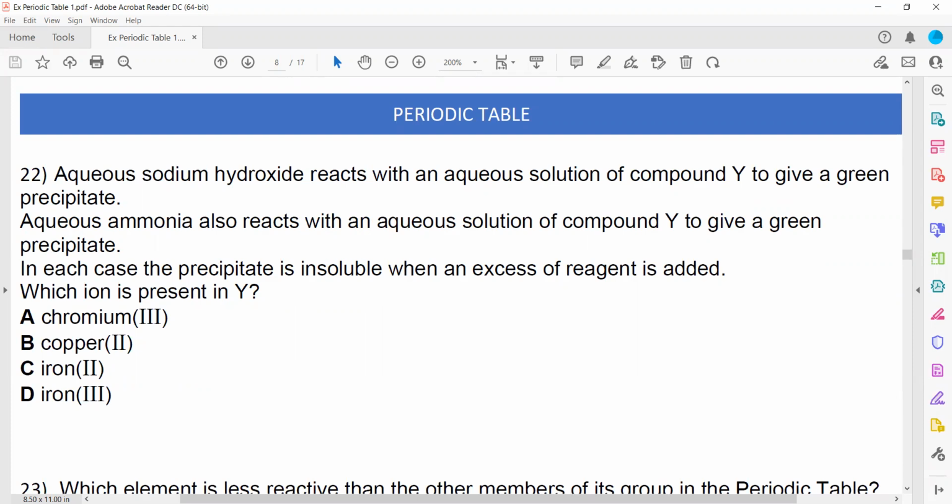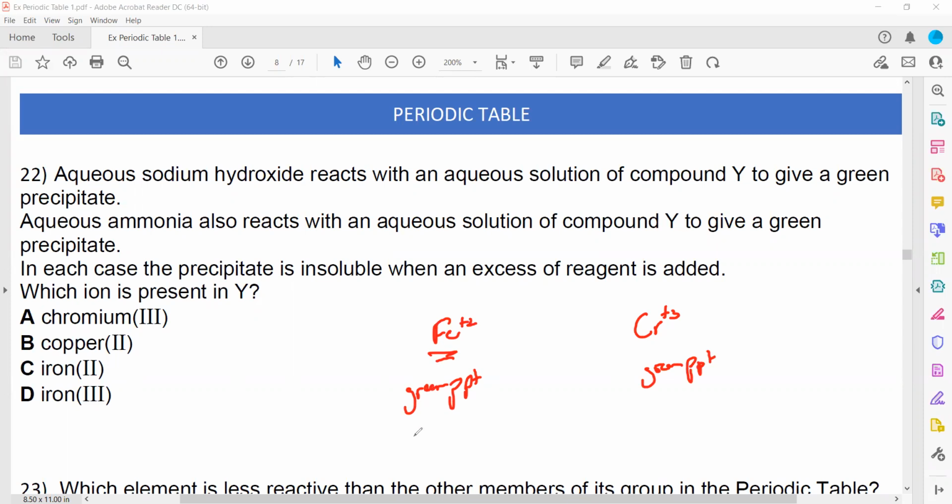One is due to chromium. Another one is due to iron 2. Iron 2 reacts with sodium hydroxide to give a green precipitate, and chromium with hydroxide also gives green. But for chromium, the precipitate dissolves in aqueous sodium hydroxide. But what is the difference in the green precipitate?